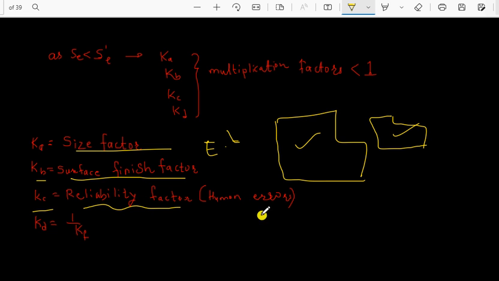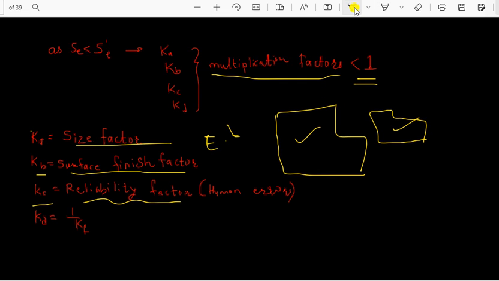Let us say any human error, depending upon the personnel, how skilled he is, this will be decided, and many other factors are also responsible in deciding this Kc. Just remember that all these Ka, Kb, Kc and Kd will be lesser than 1. Alright.